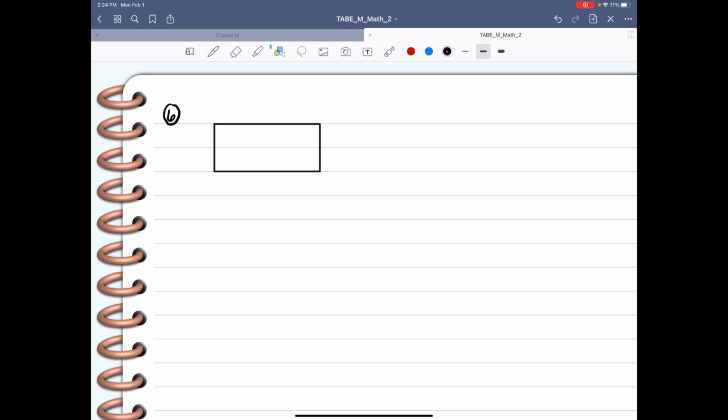And they tell me that the whole perimeter, that's the whole distance around, is 34 yards. The width of the garden is 5 yards. So that would be 5 yards over here. And they want us to find the length.